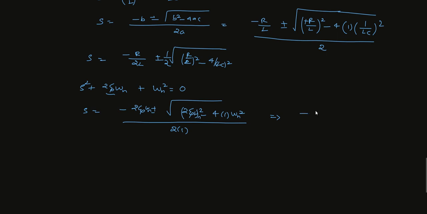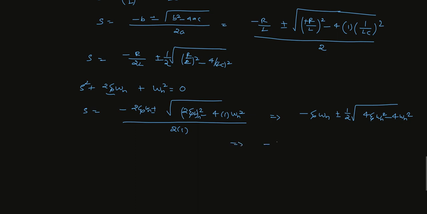So we got minus zeta omega n plus or minus, root over 4 zeta square omega n square minus 4 omega n square, all over 2.